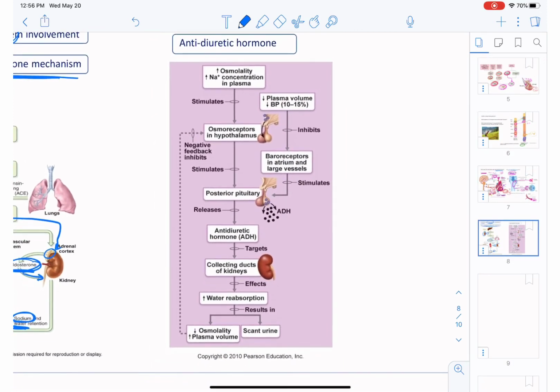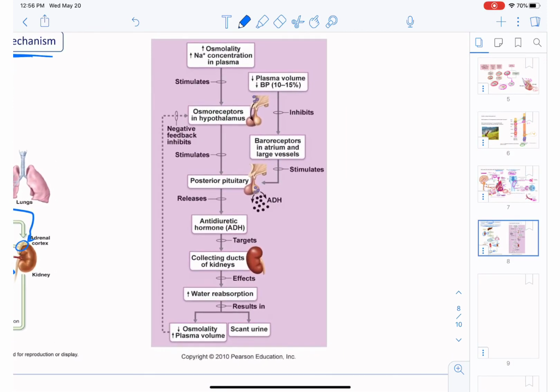And another thing that's going to happen is when the nervous system detects that drop in blood pressure via those baroreceptors, it's also going to act on the posterior pituitary, which again is part of the endocrine system. In response, the posterior pituitary is going to release a hormone called antidiuretic hormone.